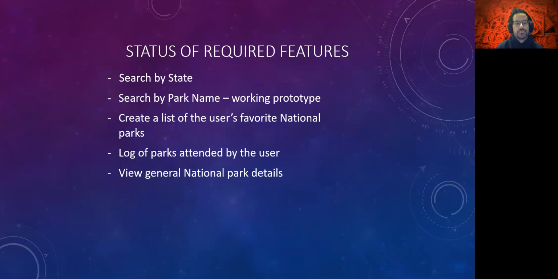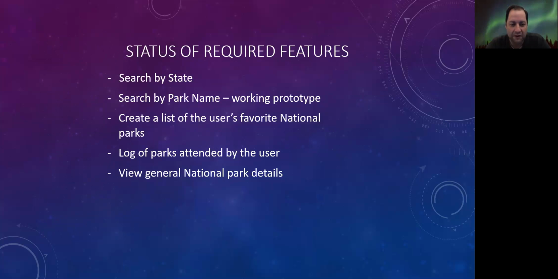Okay, so recapping some of the required features that we set out for ourselves for this project. We are currently working on search by state. We've got search by park name working as a prototype against a predefined list, but it isn't wired up to the API quite yet. We haven't started on creating a list of the user's favorite national parks, but that's on our list for this week.